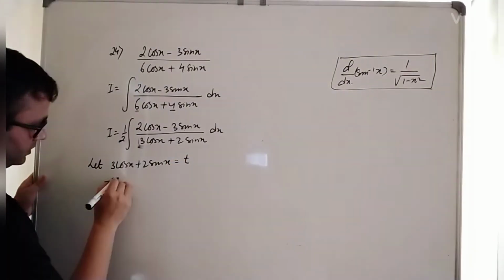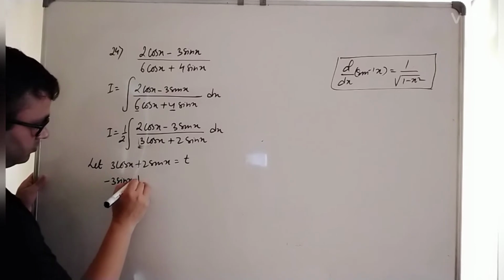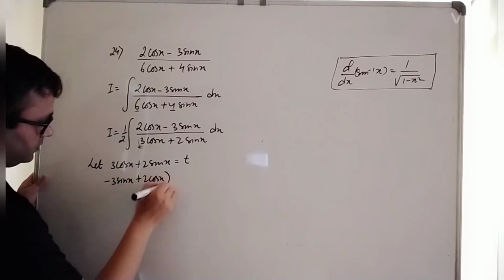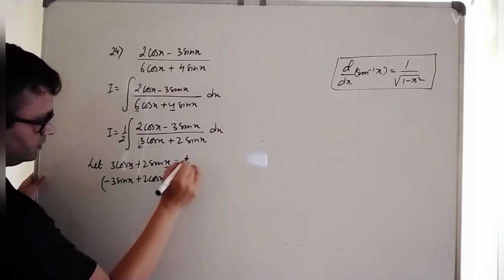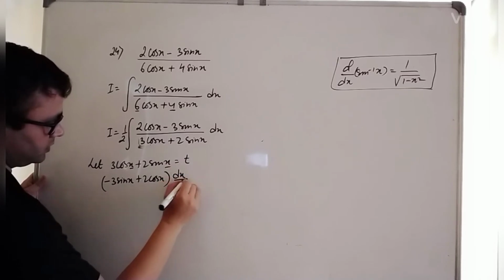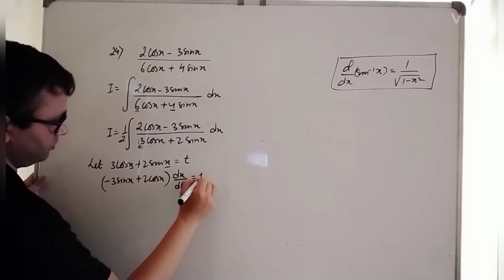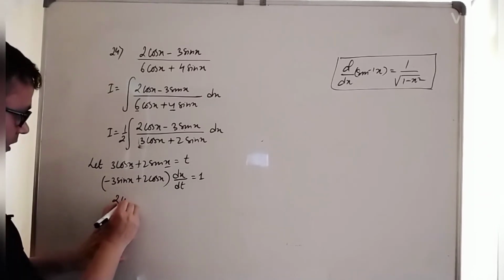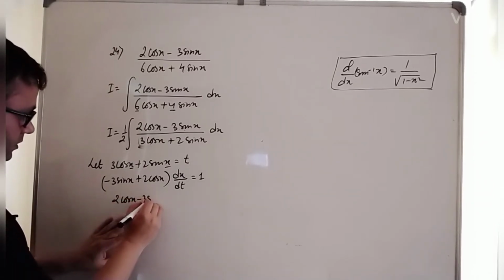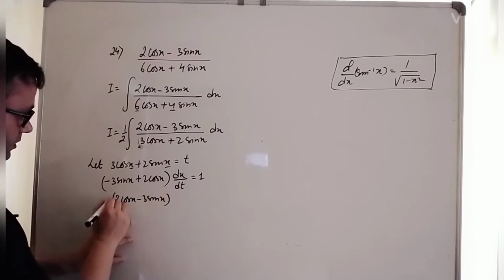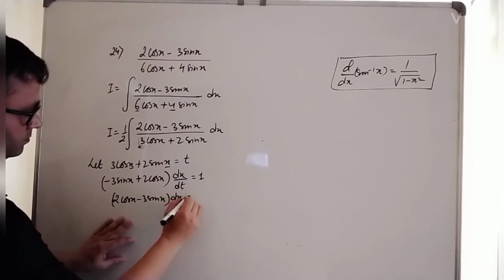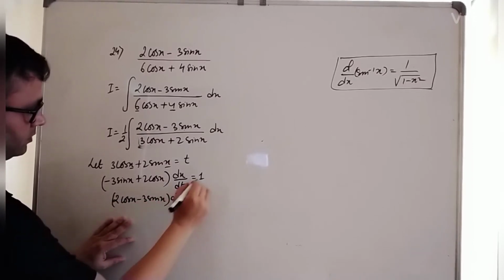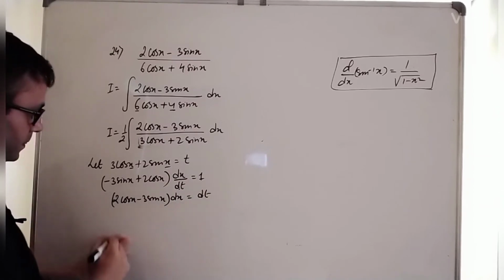Minus 3 sin x plus 2 cos x. Now again we have to differentiate x also. dx by dt equals 1. So this equals 2 cos x minus 3 sin x dx equals dt multiplied with 1 is dt.